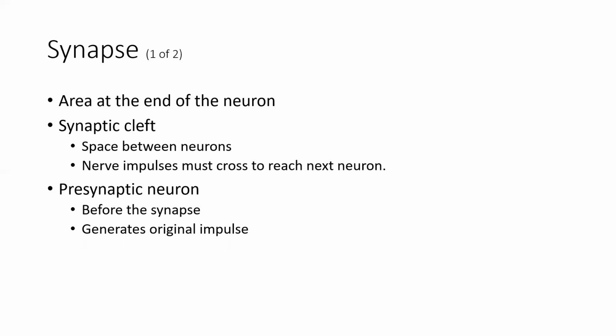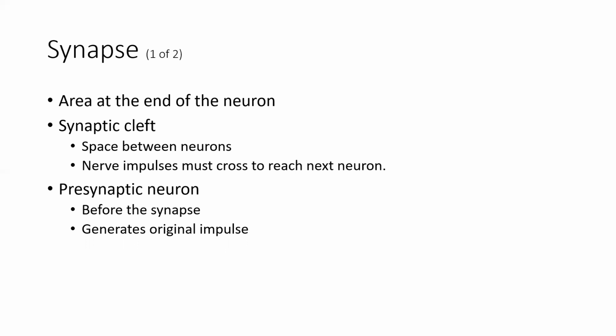So what is a synaptic cleft? When one neuron and another neuron combine with each other, they have a little gap in the middle, a little space between them. That space between the two neurons is called a synaptic cleft. Nerve impulses must cross it to reach the next neuron.